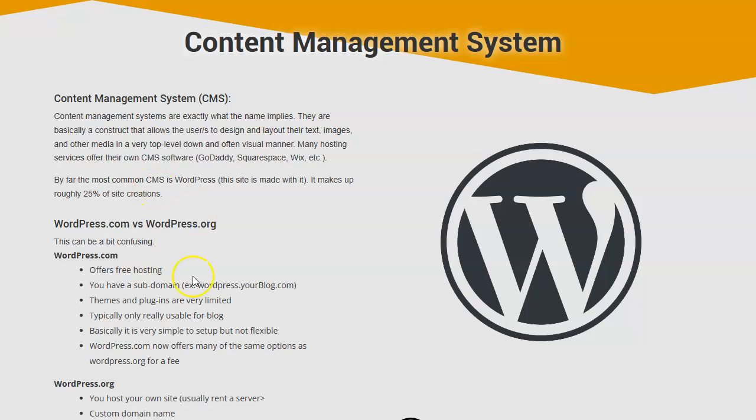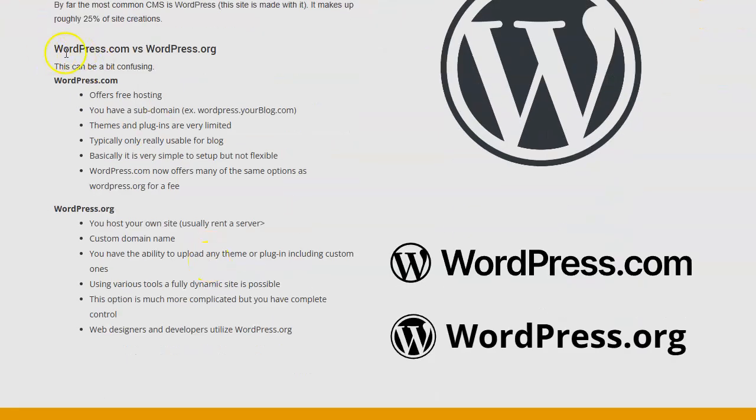All right. Now, one of the things you might find is that you'll see WordPress.com versus WordPress.org, and that can be strange. So WordPress.com is basically a site that allows you to create blogs. That's how it more or less started. Blogs aren't really as big of a thing as they used to be, but there certainly are a reasonable number of blogs.